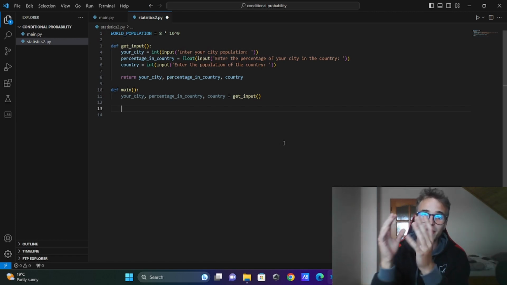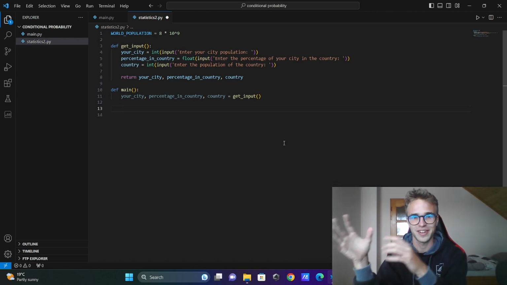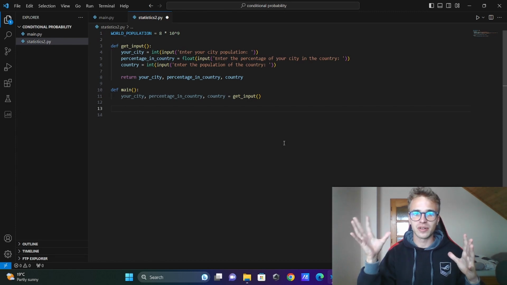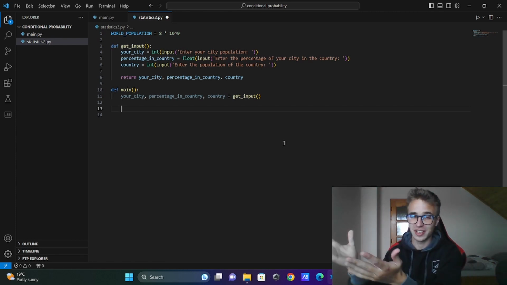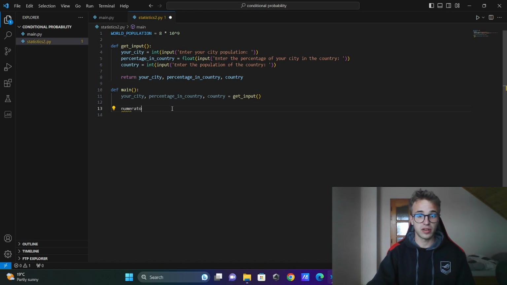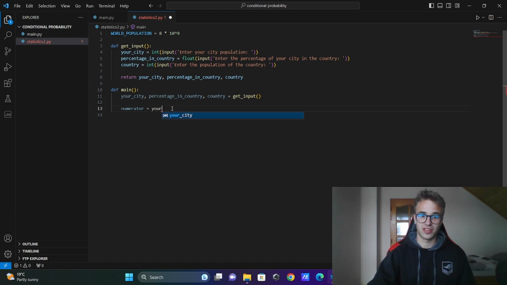The people from your city, which are also living in the country, over our new whole, that's the people living in that country. The numerator is equal to that intersection, your city.